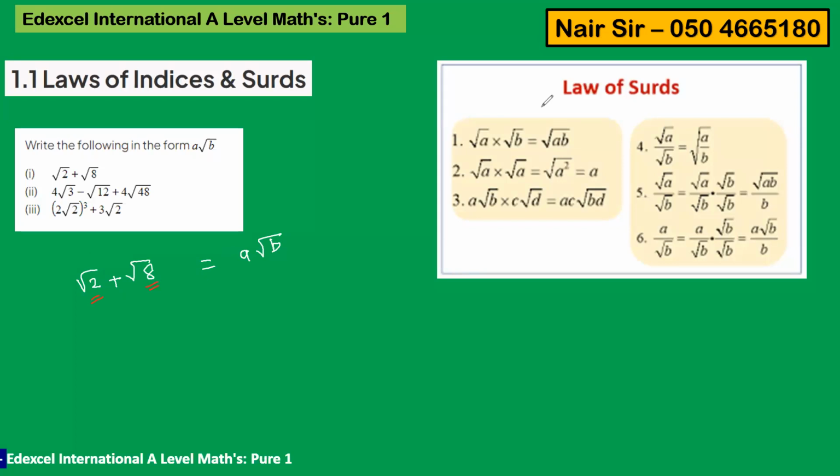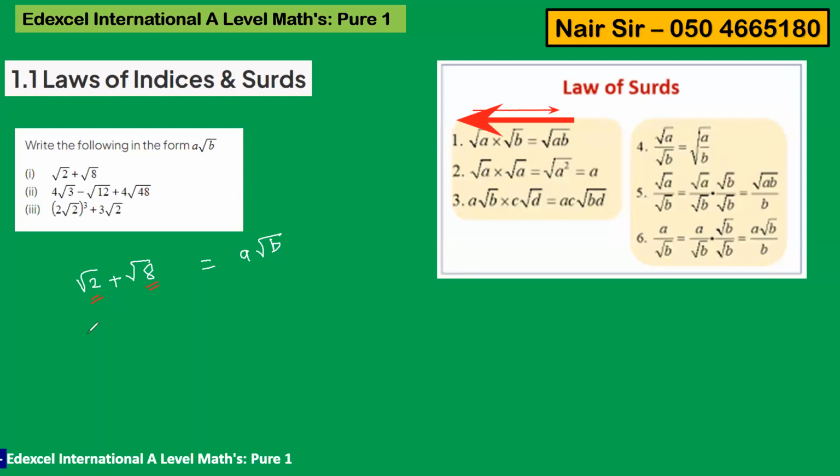Can you look at this particular formula? It is not this way, it is the other way around. It is this direction. Watch this very carefully. Let's see how to solve it.